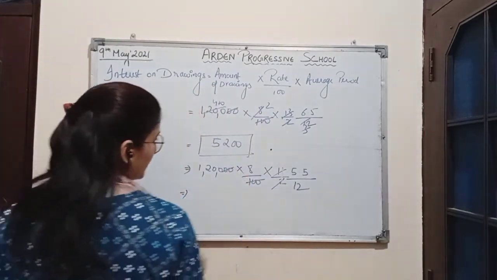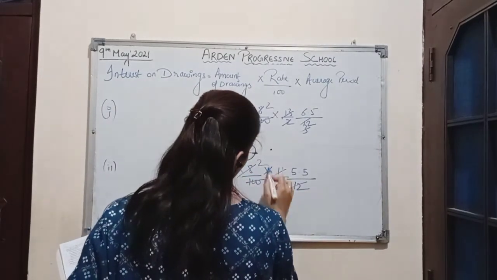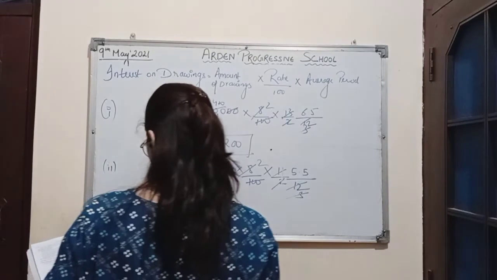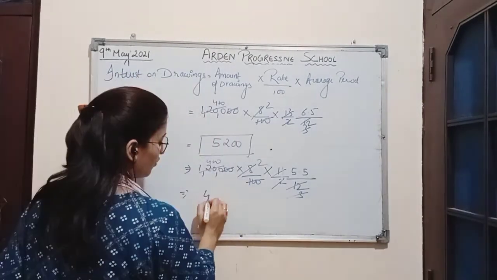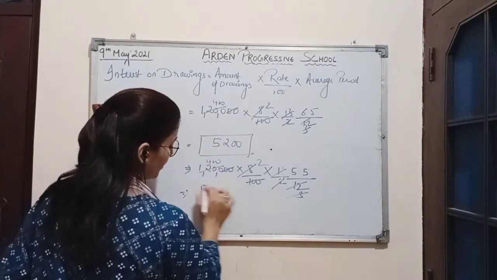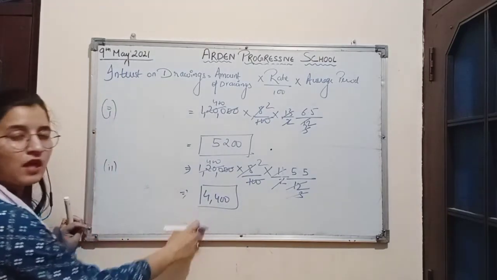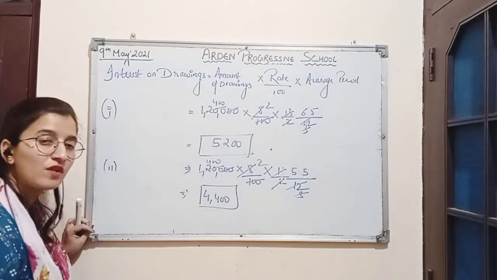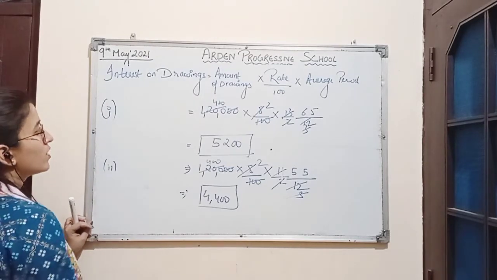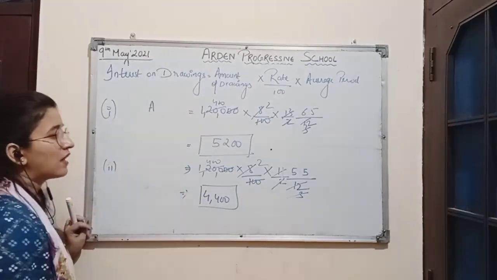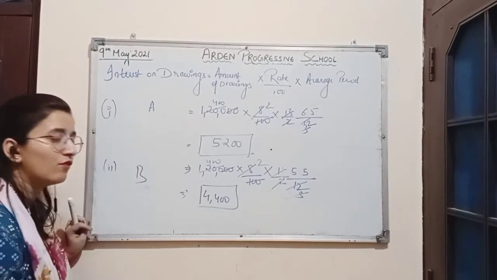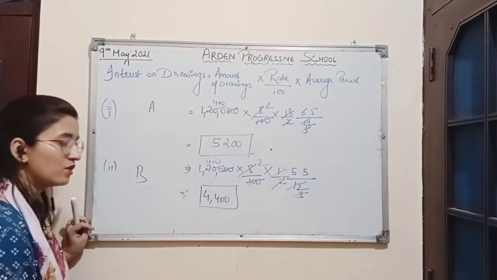So the amount we will get by calculating this will be 4,400. So 4,400 is the amount of interest on drawings which will be paid by B. So A is paying 5,200 as interest on drawings and B is paying 4,400 as interest on drawings.